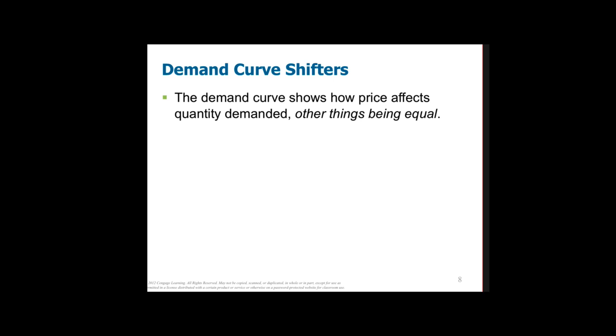Demand curve shifters. So on the curve, you get to see how price affects quantity demanded, ceteris paribus. Okay. There are other things beyond price that affect quantity demanded. Because you've already seen how price changes quantity demanded.